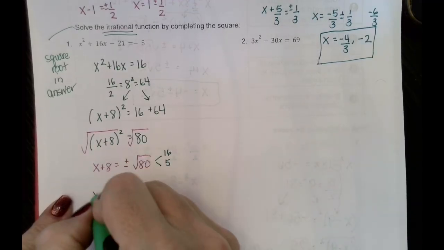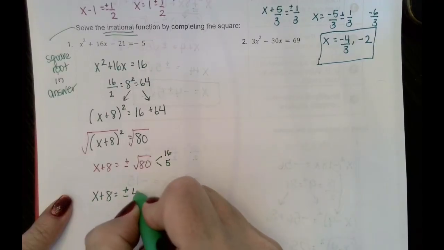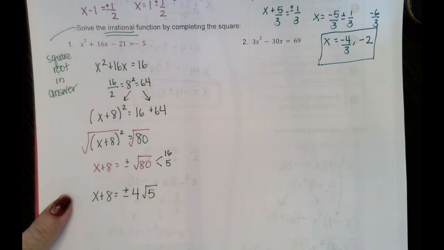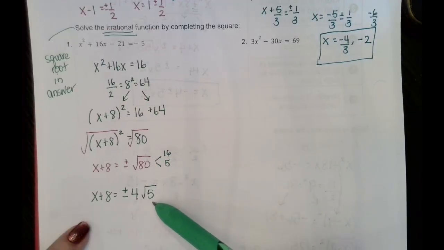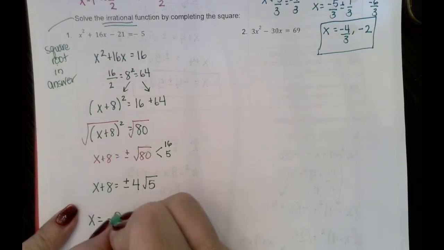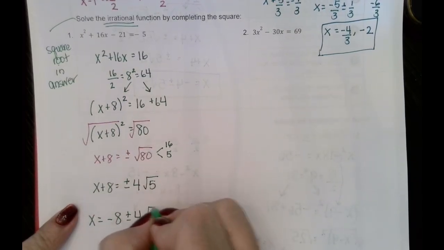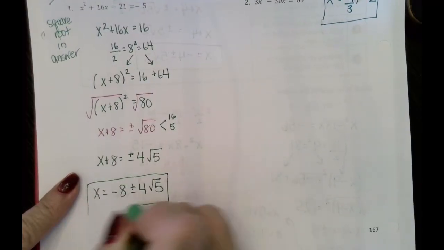So what happens is I end up with x plus 8 equals plus or minus 4 square root of 5. Now, remember I said it's irrational. We're going to have a square root in the answer. So when I move the 8 over, I can't combine anything because they're not like terms. So this is my final answer. I'm done.